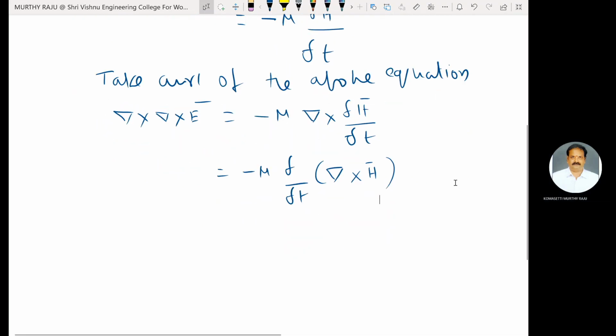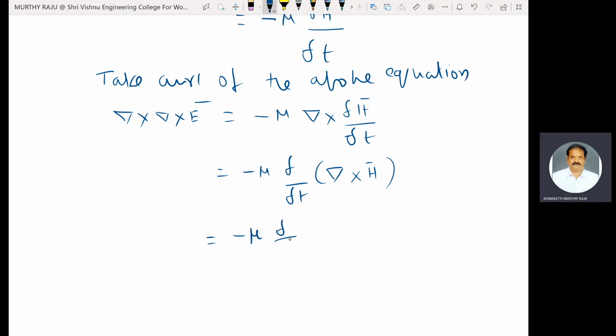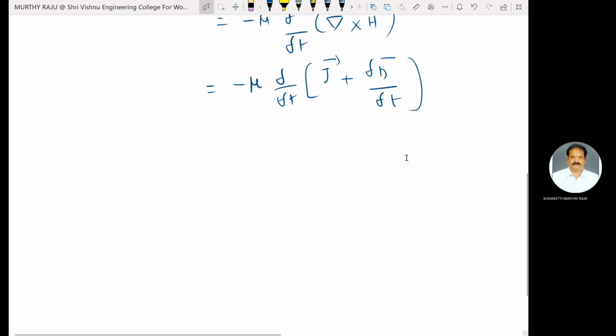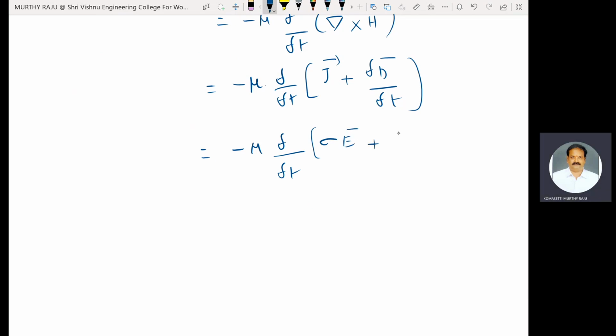Del cross H is equal to J bar plus dou D bar by dou T. J is sigma E bar, D is epsilon E bar. Therefore, that is equal to minus mu dou by dou T of sigma E bar plus epsilon dou E bar by dou T.